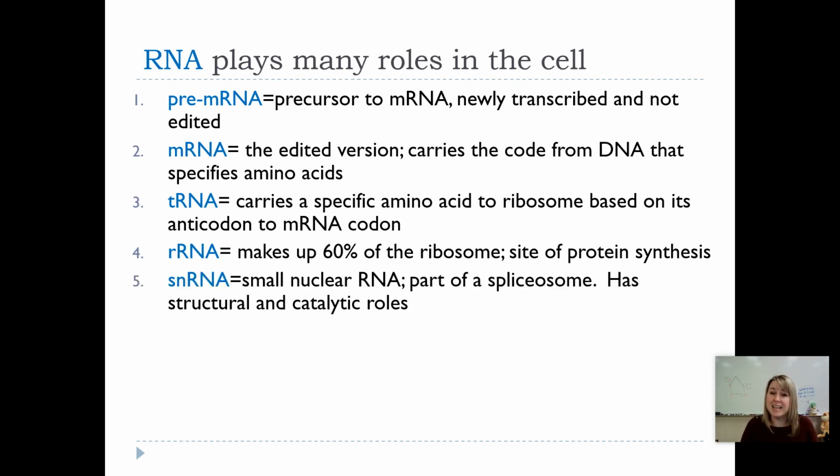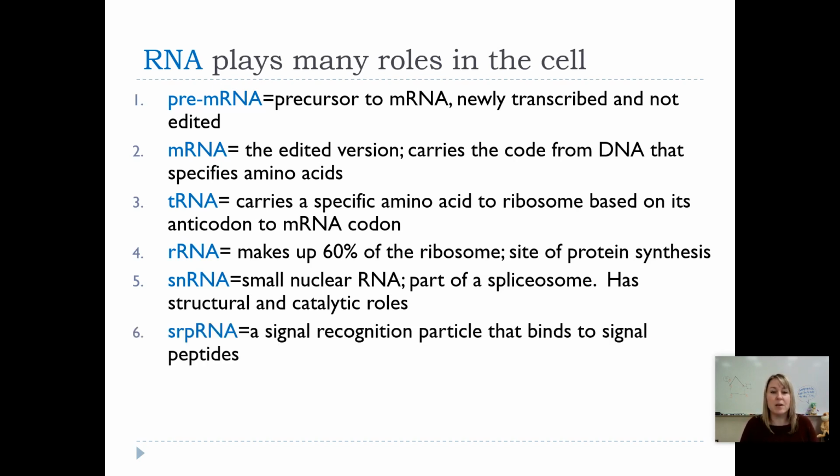Then there's snRNA, small nuclear RNAs. They play a role in the spliceosome, which we will talk about when we talk about RNA processing. Then we have srpRNAs, and they also play a role. We'll talk about them in a little bit.